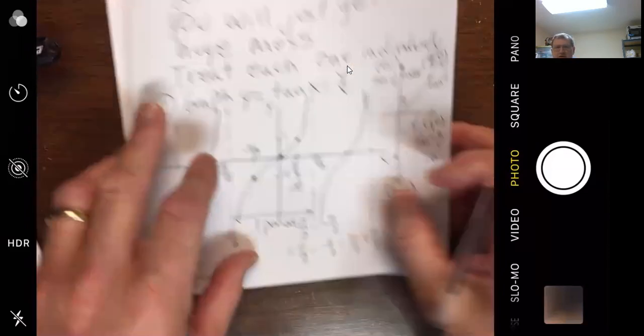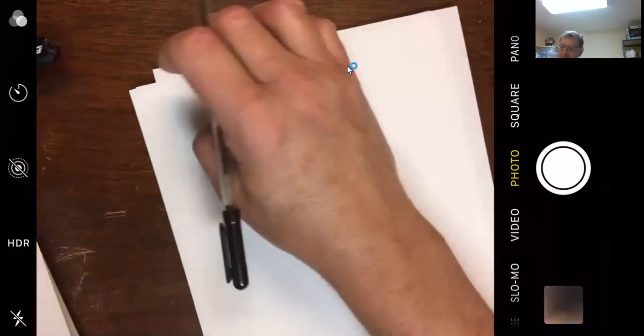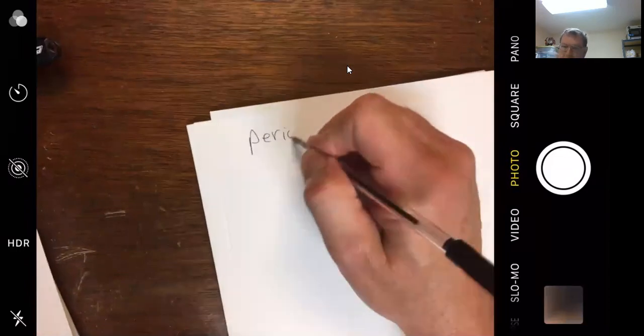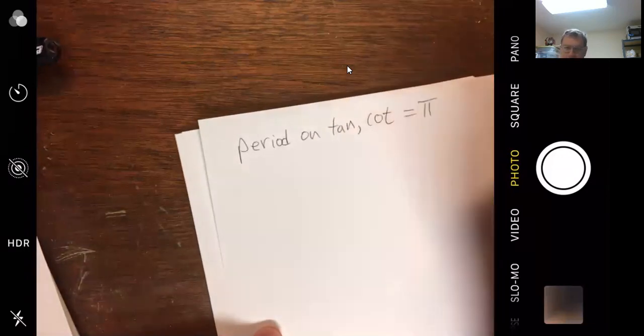So that's the huge difference: the period on tangent and cotangent equals pi.